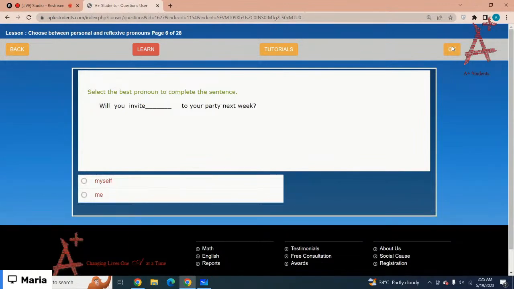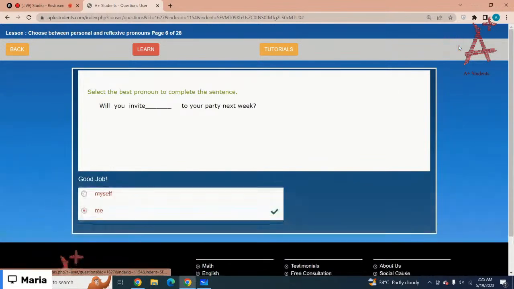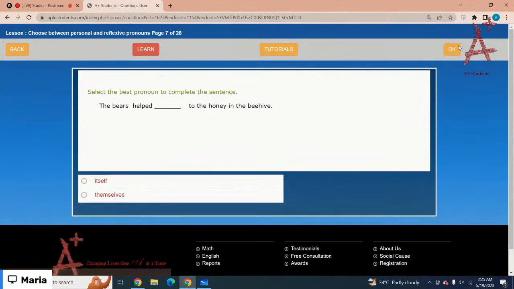Will you invite Dash to your party next week? Will you invite me to your party or myself? It would be me. You invite me, not myself. Got it? When you are explaining something about yourself you can say myself, but otherwise it would be me. The bears helped Dash to the honey in the beehive.